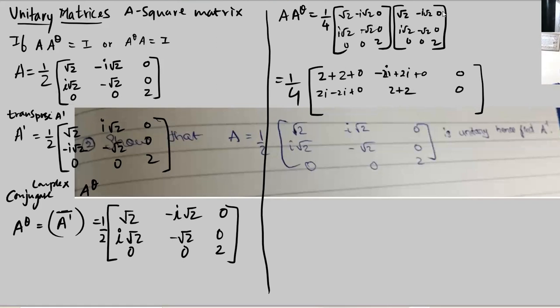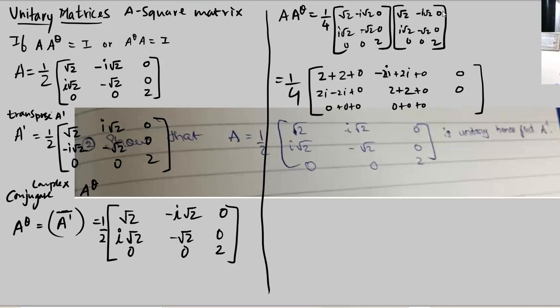Similarly, the way we got the first element, we get the second element of the second row. Then third row into first column is 0, 0, so that is 0 only. Third row into second column, again 0, 0, 0.